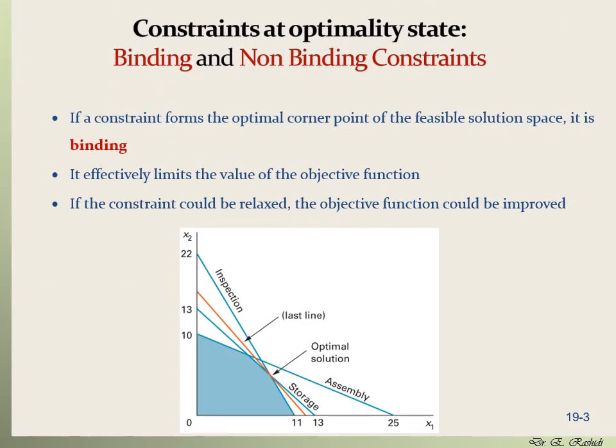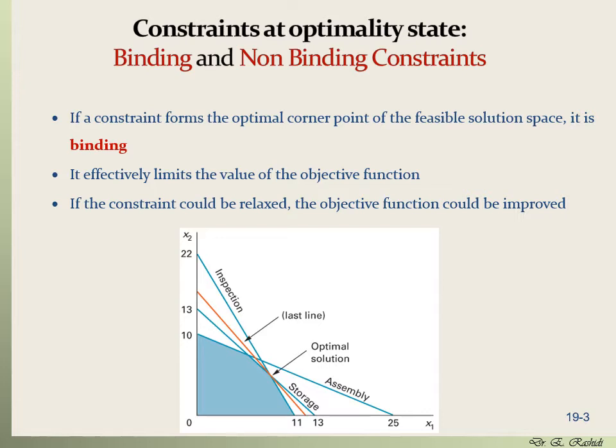At the optimality state, suppose that we have found the optimal solution. And we learned that the optimal solution in linear programming is going to be an extreme point or a corner point. So here we want to study the state of the constraints in the optimality state.